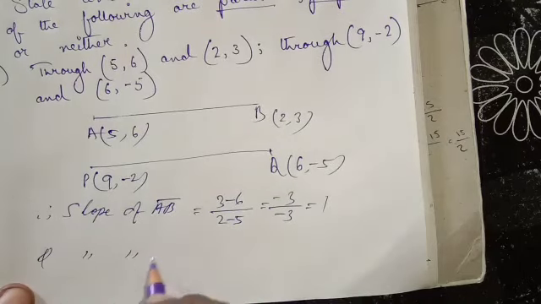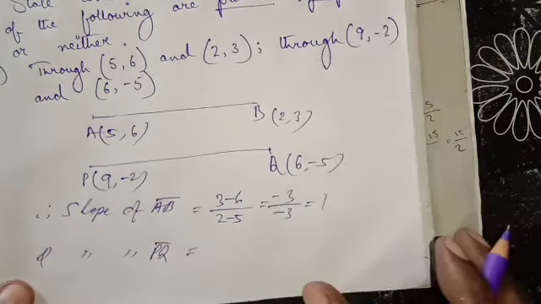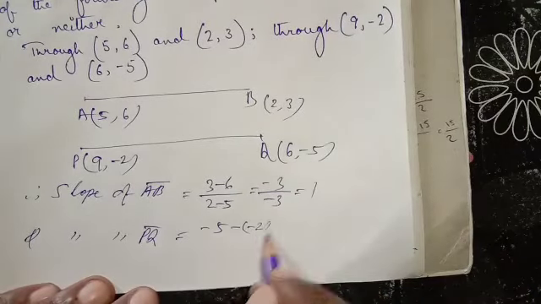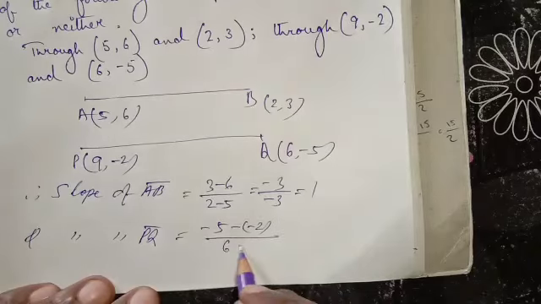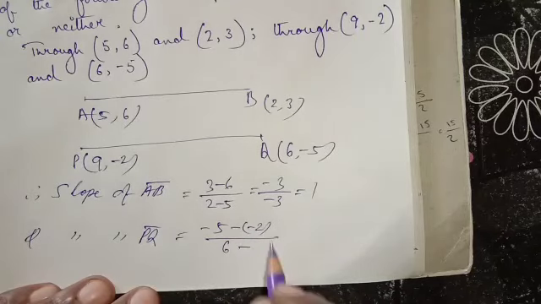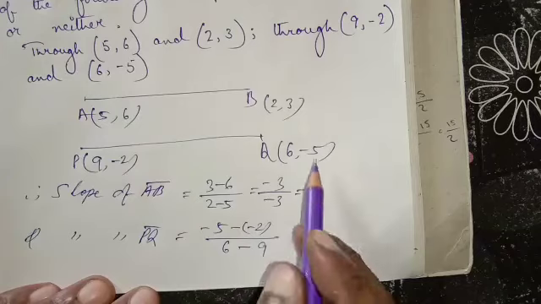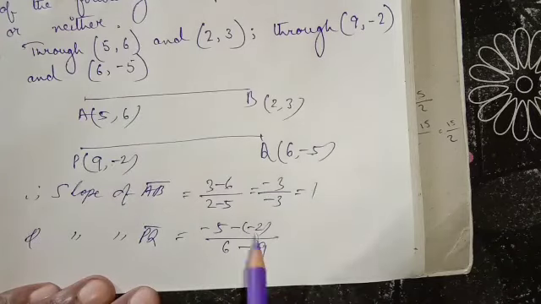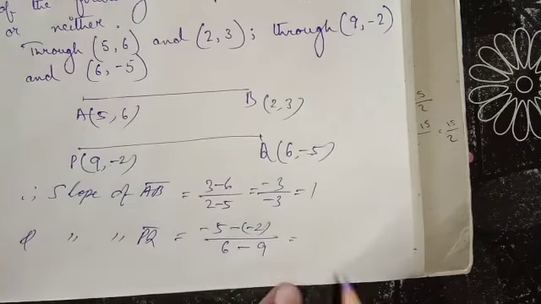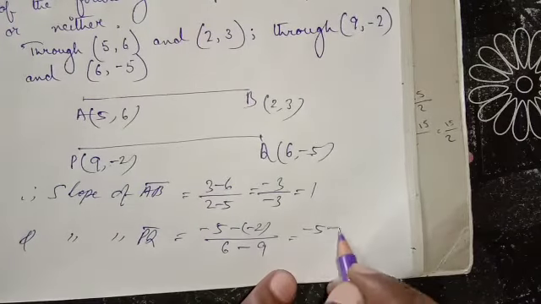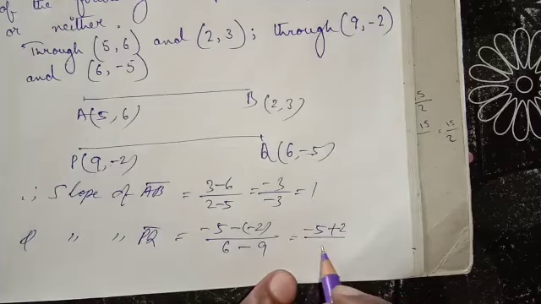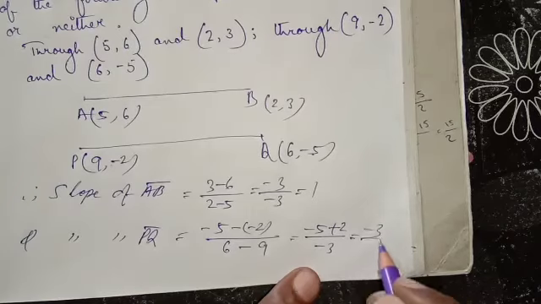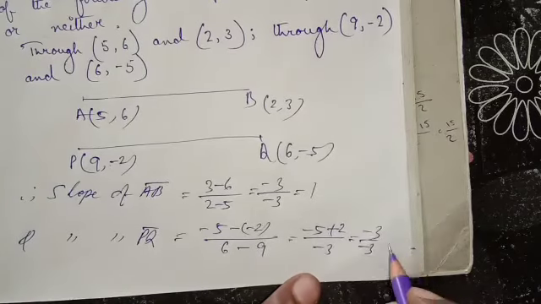And the slope of PQ will be minus 5 minus of minus 2 by 6 minus 9. Your formula is y2 minus y1 by x2 minus x1. It is coming minus 3 by minus 3, which is nothing but 1.